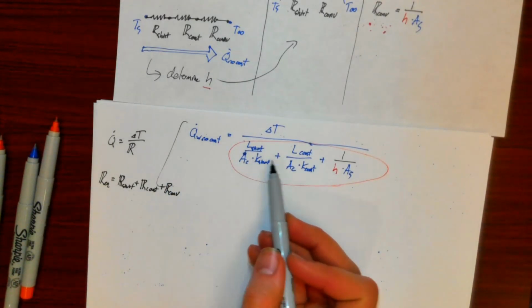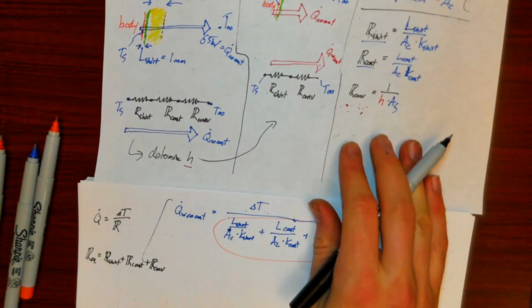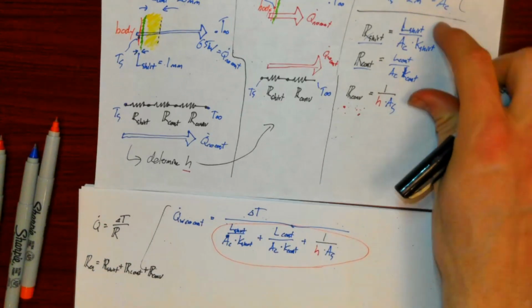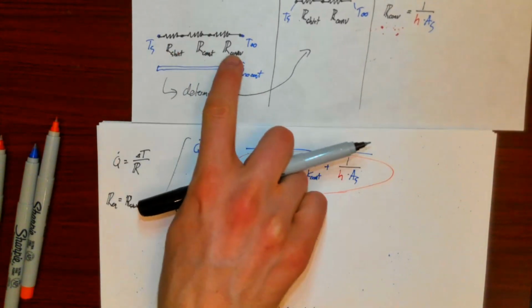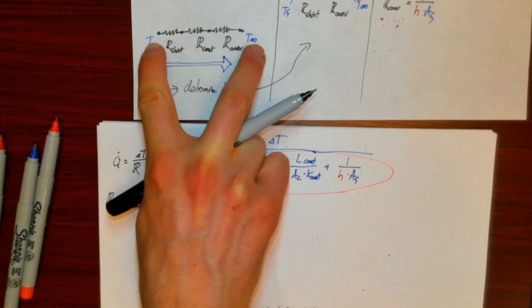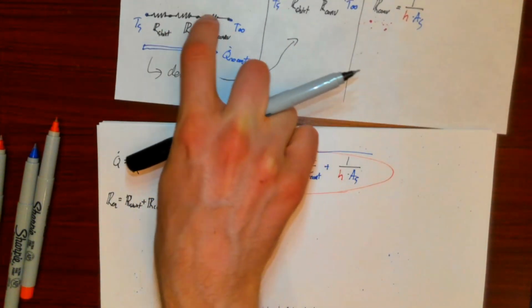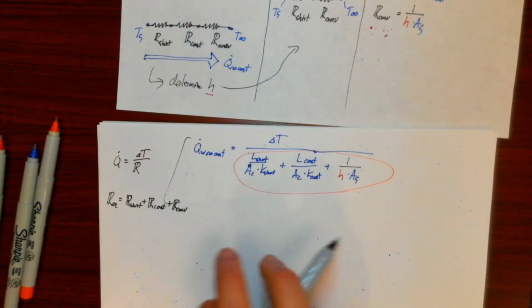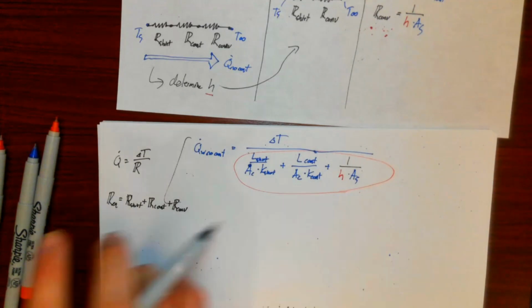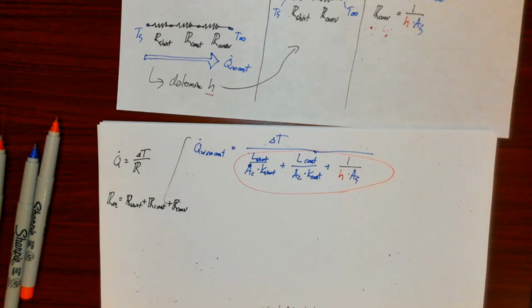I have each of the three resistances right here. We formulated these up here, and the Q through the whole system is the temperature difference across the whole system, sort of replacing these three resistors with one equivalent resistor. So what does this mean?